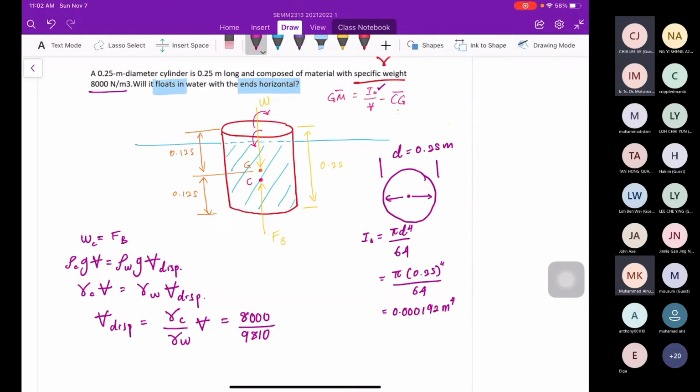So from here it is pi r squared, which is 0.25 squared, multiply with the height, which is 0.25.